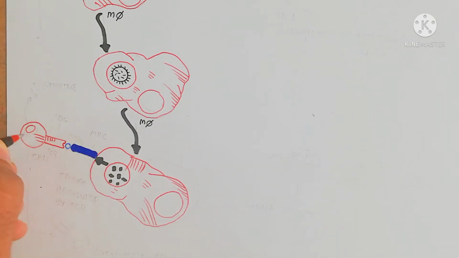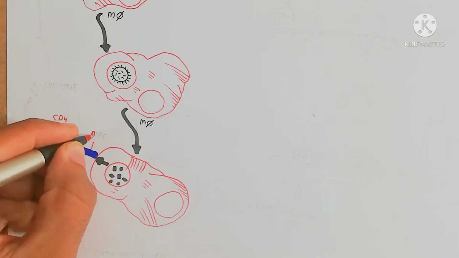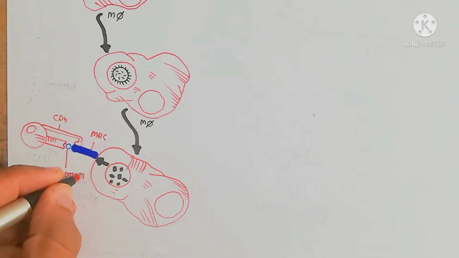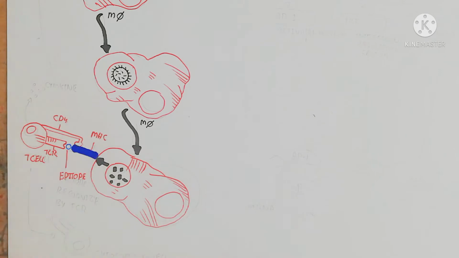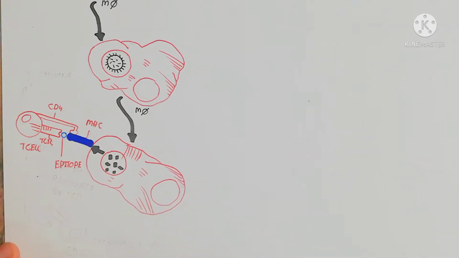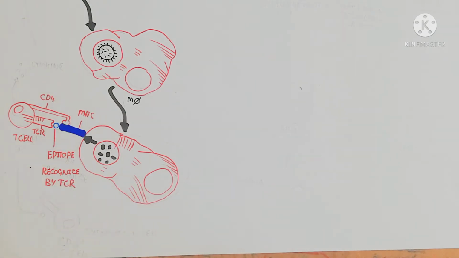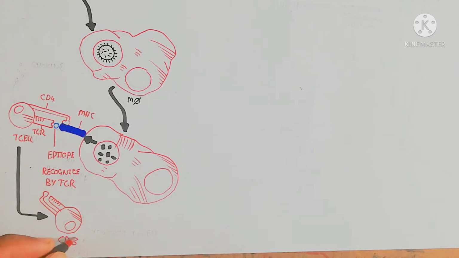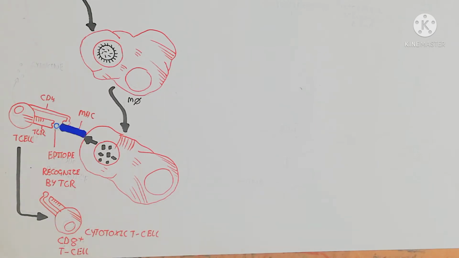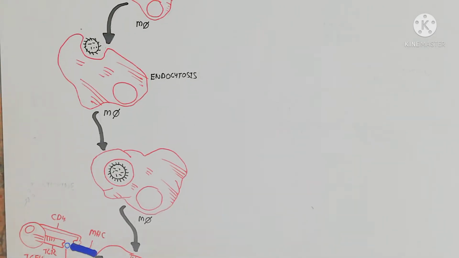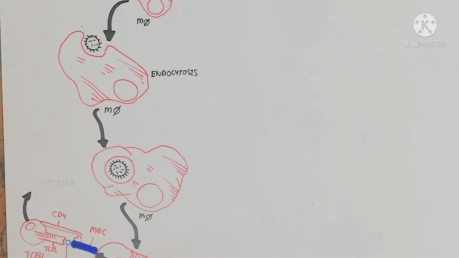This is the CD4 helper T cell, and on the other hand it also activates the cytotoxic T cell for the killing of the infected tissue. In this way you can see the CD8 cell produces proliferation and recognition of the epitope, and the T cell also produces cytokines for more proliferation and recruitment of monocytes from the circulatory system.